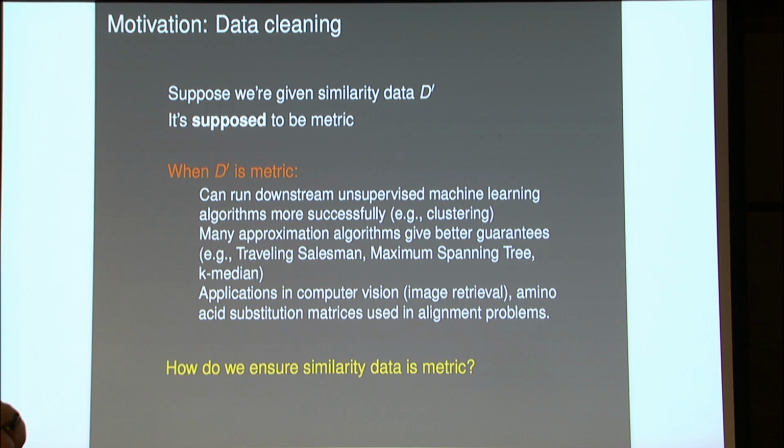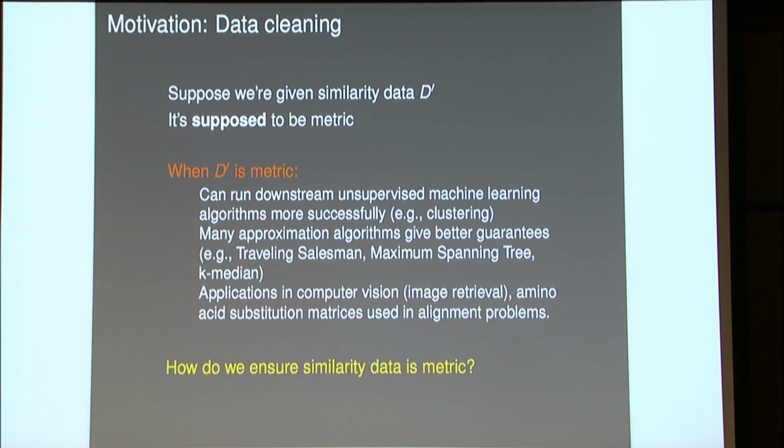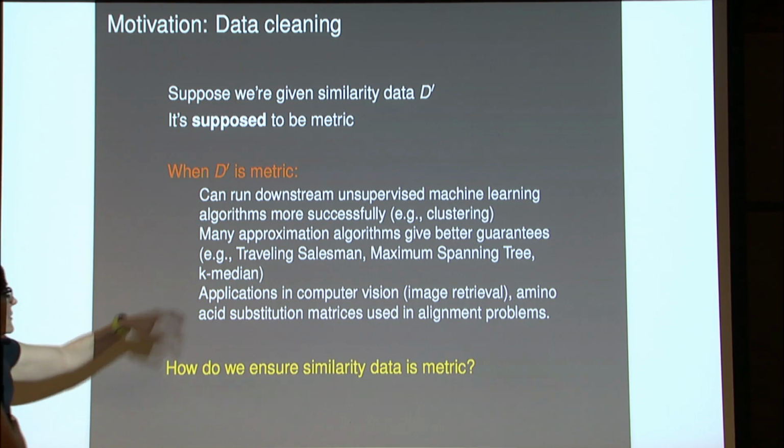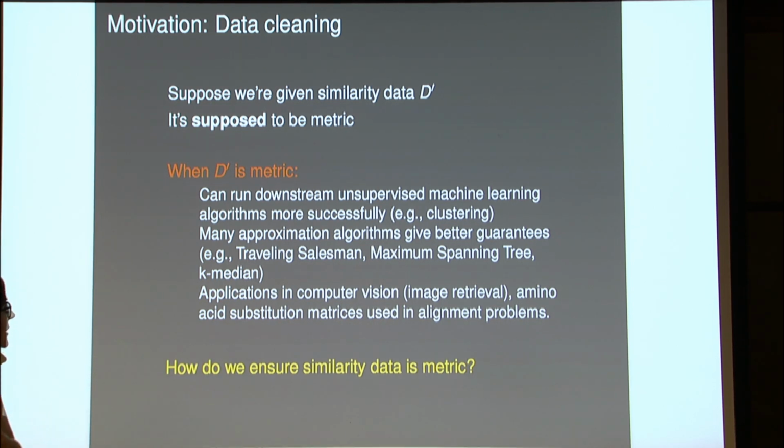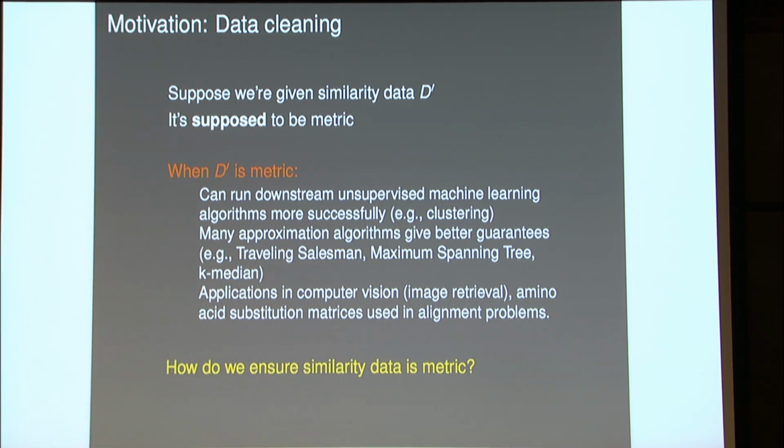There are approximation algorithms for when your distances satisfy a metric that just do not hold if you do not have a metric. TSP is one of them. There are applications in computer vision where it's very handy to know that the distances adhere to a metric. And it also comes up in computational biology problems.